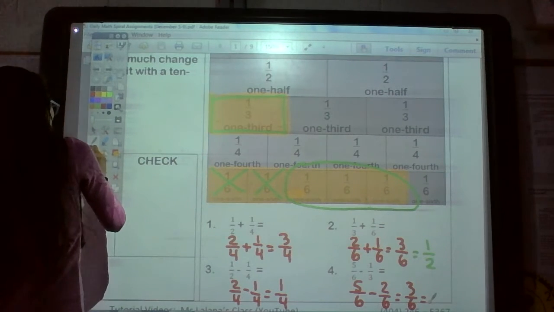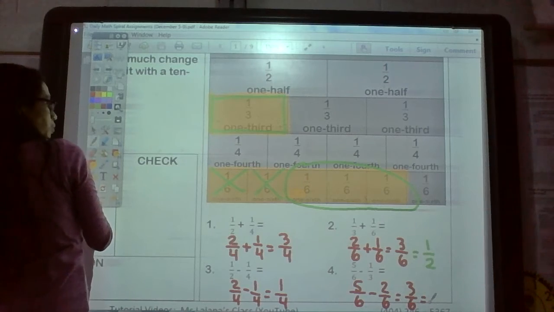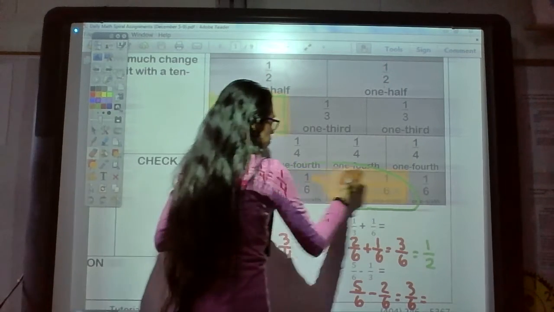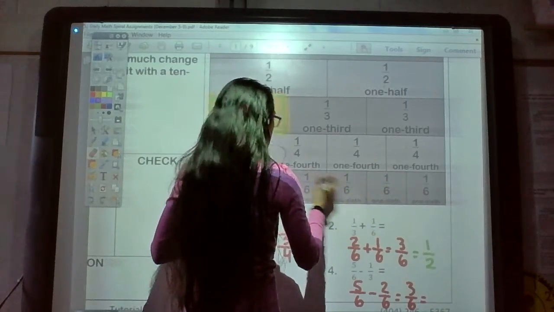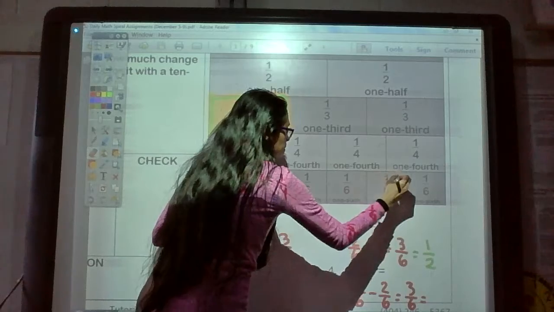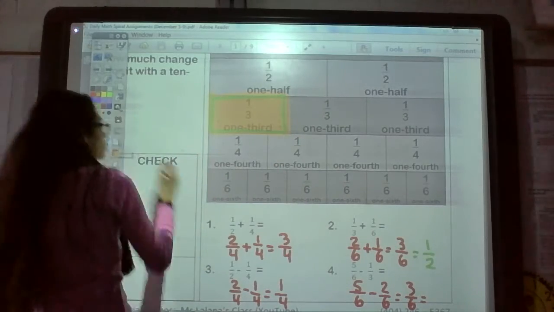And let me undo what I did. No, why am I erasing? I don't want to erase. I want to highlight it.